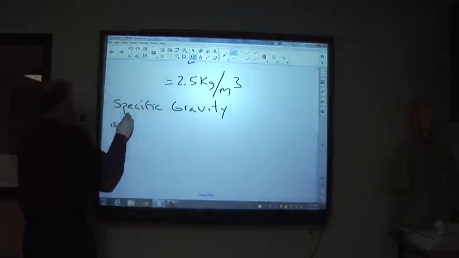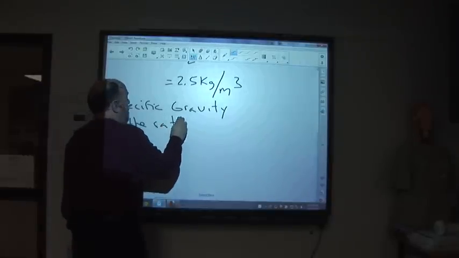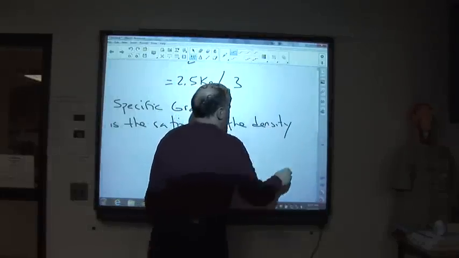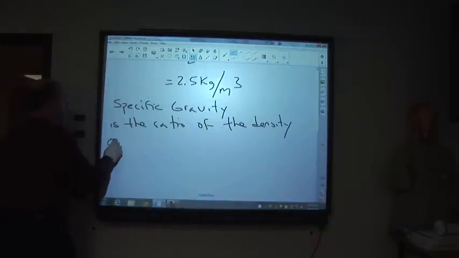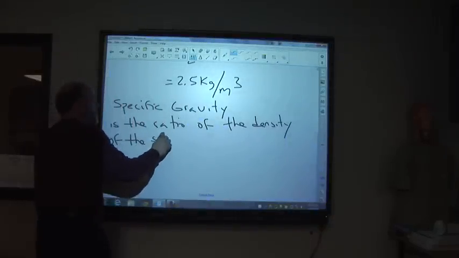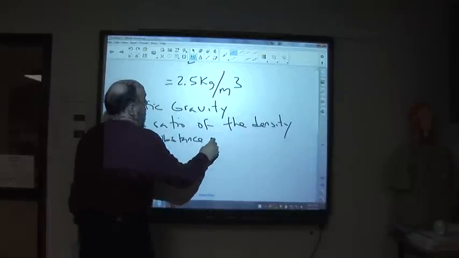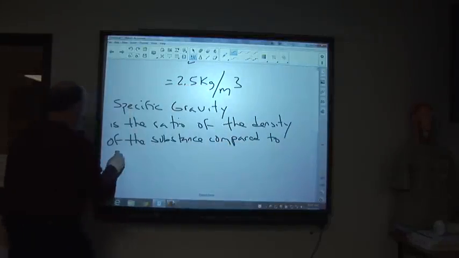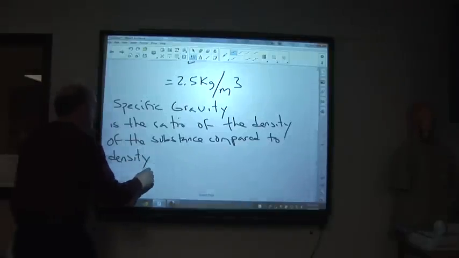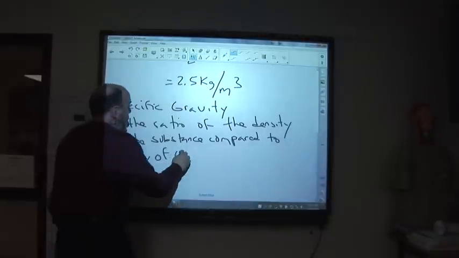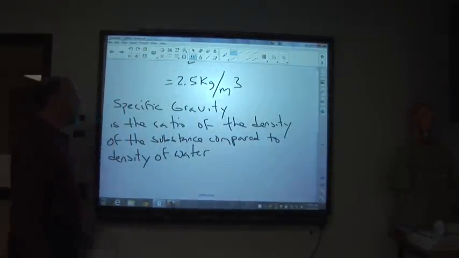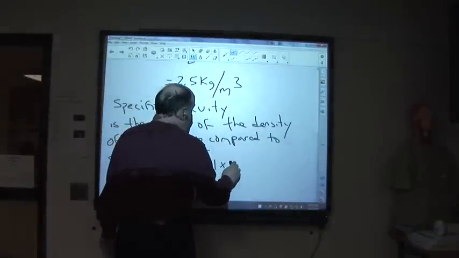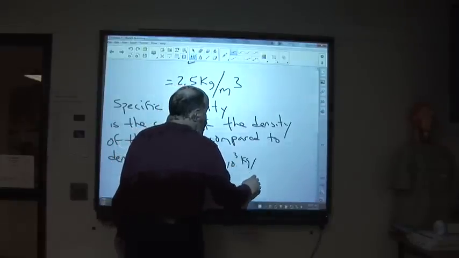It is the ratio of the density of the object or the substance compared to the density of water, and it's actually water at a particular temperature, 4 degrees Celsius, where the density is 1 times 10 to the third kilograms per cubic meter.